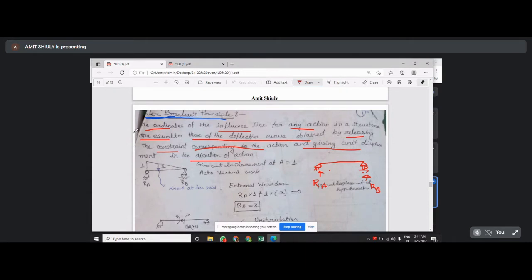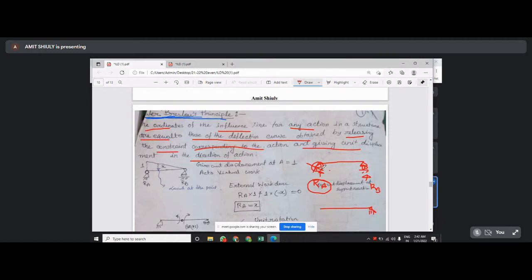In order to determine the ordinates of the influence line for any action, here the action is RA, in a structure, I want to draw the influence line diagram of RA. So it is equal to the deflection curve obtained by releasing the constraint. So I have to first release the constraint. If I release the constraint, it will look like this.